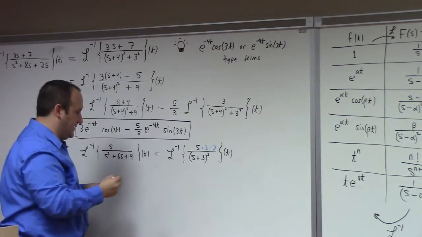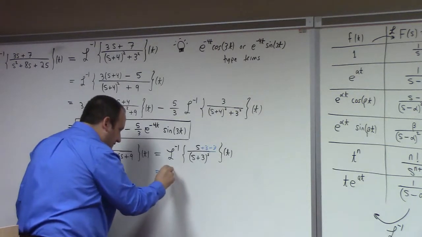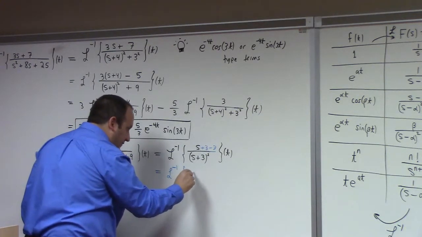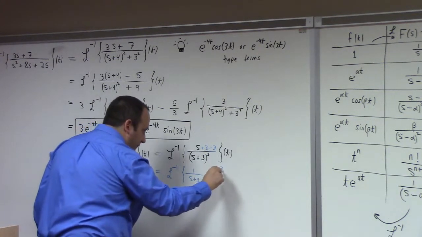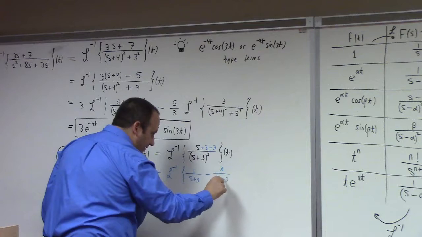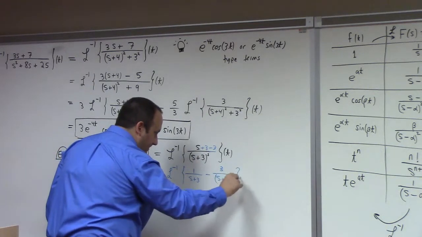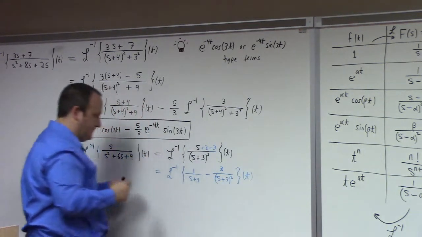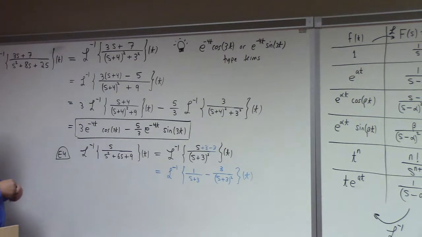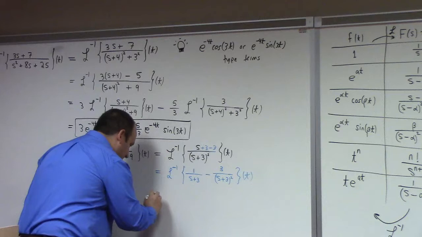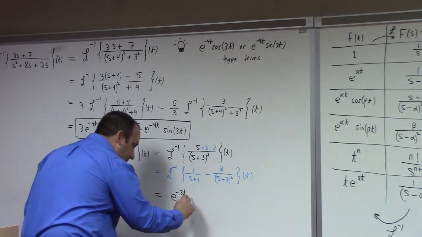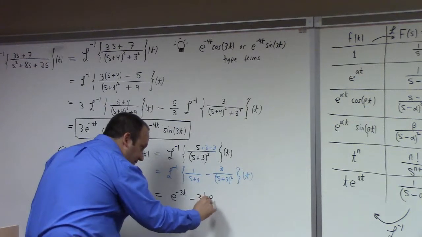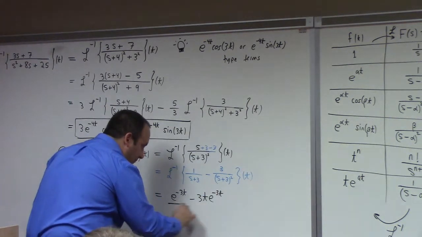If we do that, then you can see that this is the inverse Laplace transform of 1 over s plus 3 minus 3 over s plus 3 squared. And that is going to give me e to the minus 3t minus 3t e to the minus 3t. And there you go.